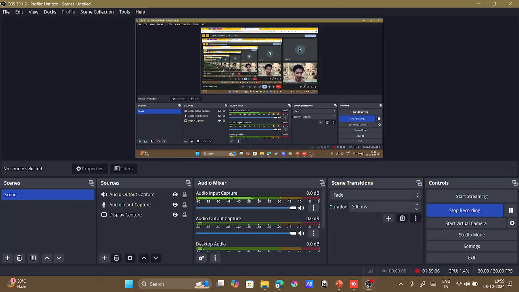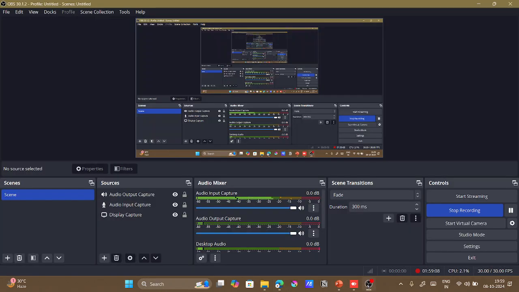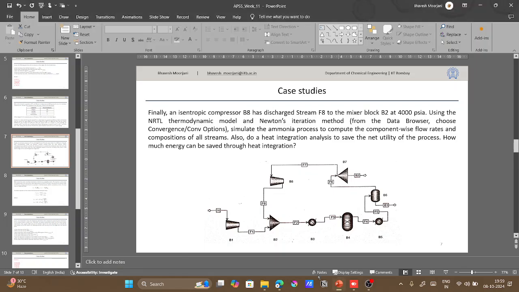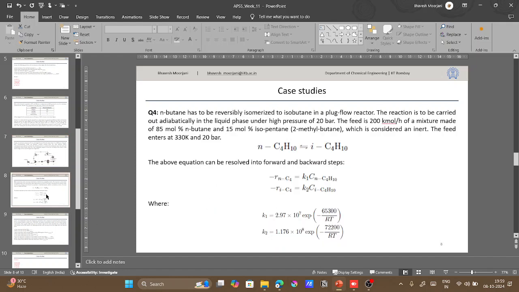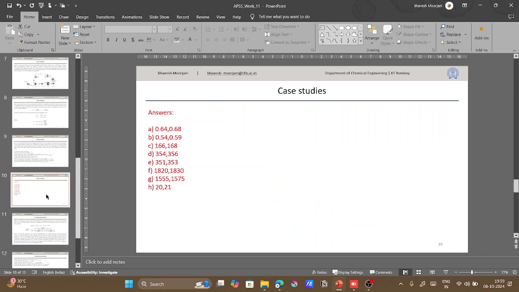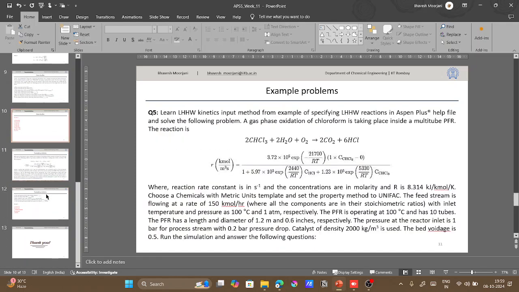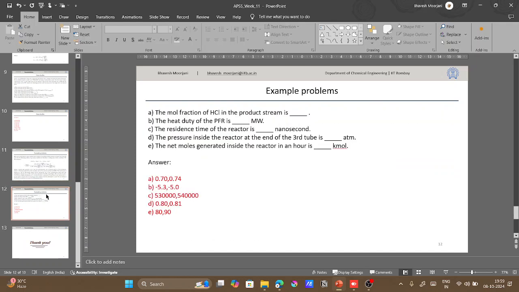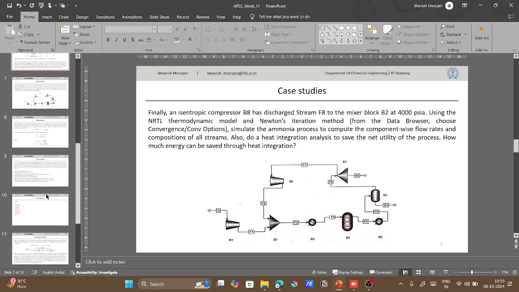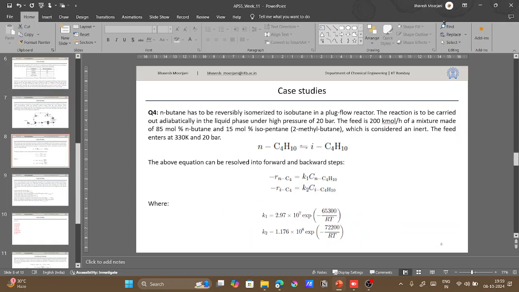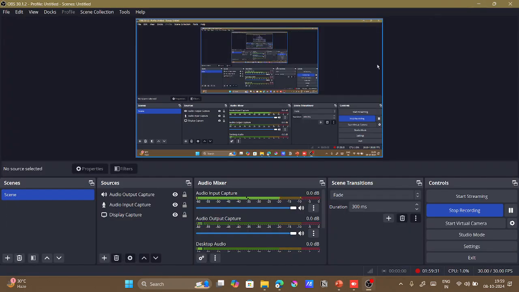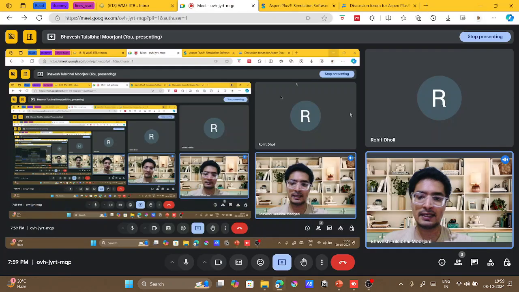So it's almost the end of the session, so I will stop here. I had another 2 examples planned. One was on reactor kinetics and another on LHHW kinetics, which is related to your assignment 11. So maybe in the next class we can start from here, and then I'm planning to do one assignment where we can do a big process plant simulation.